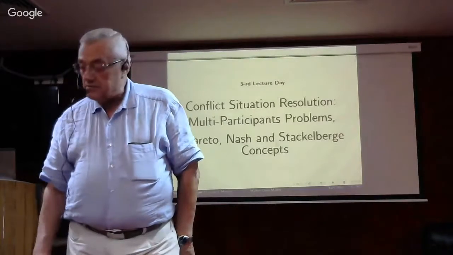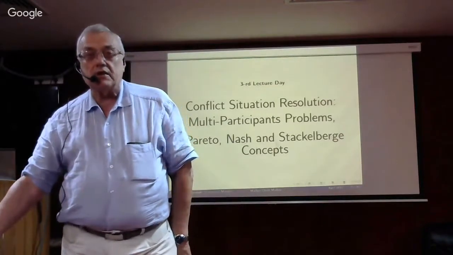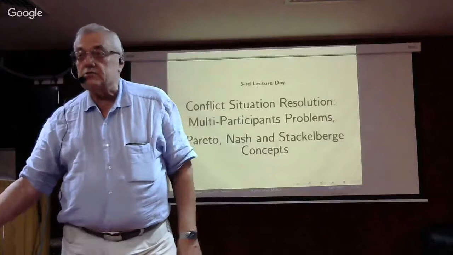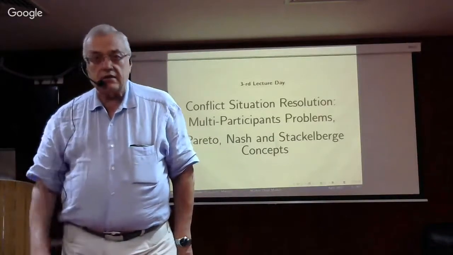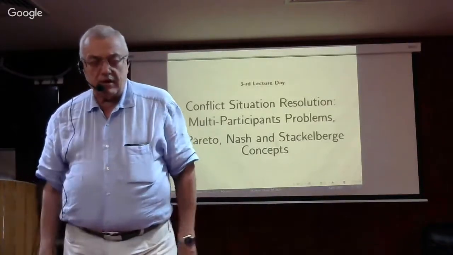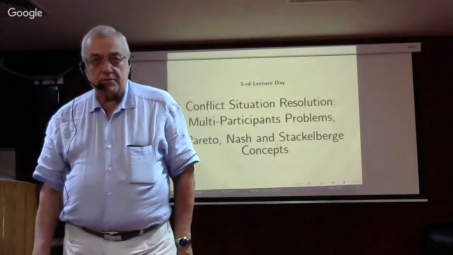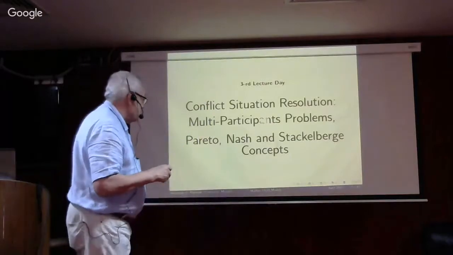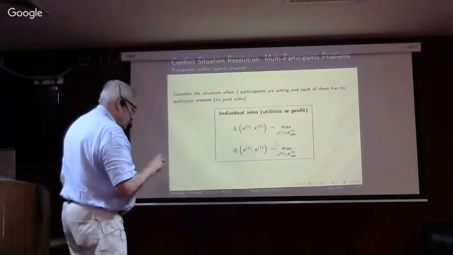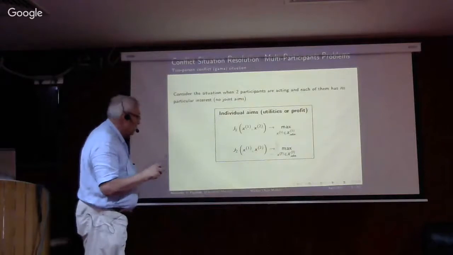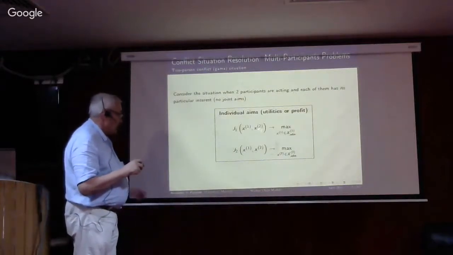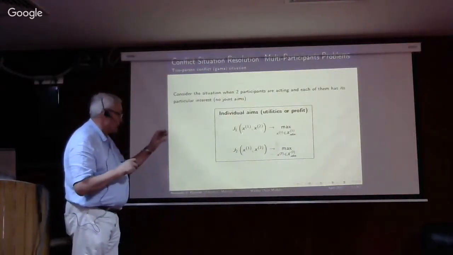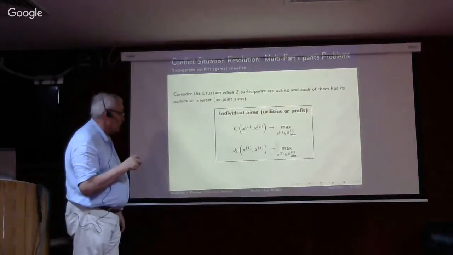Mathematicians call it game theory, because a game is also a conflict. But I don't like game. Game is something from football. It's not the same. So, conflict. We consider a conflict situation. So, a very simple example. We have two participants. If both of them, one participant and another, fix their strategy, they obtain income, utility, for the first.